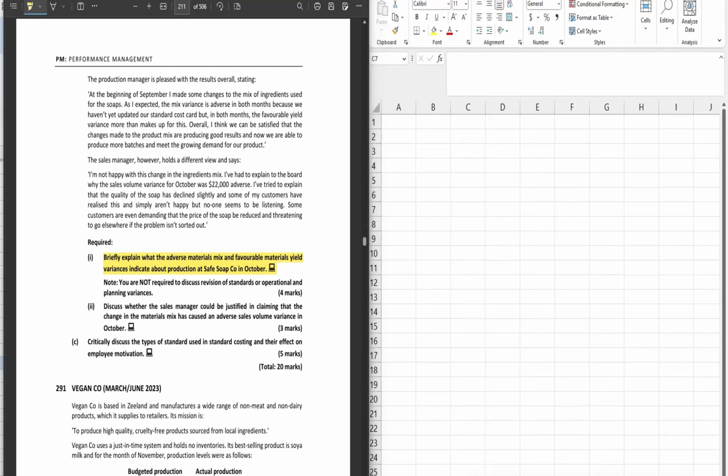Now, one more thing, the ACCA verb. Here, the verb they have used is explain. See, the ACCA verb is very important because it tells you what the examiner expects from you, rather than writing everything you know in the paper. That's totally the wrong way, and there is a high chance of failure. So here the words they have used are briefly explain.